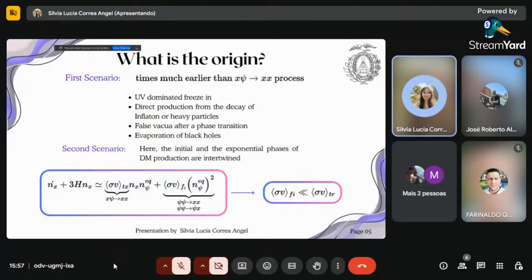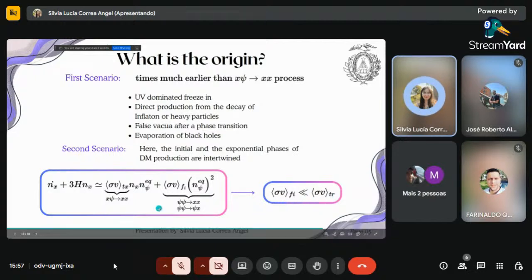In this case, it's almost guaranteed that the dark matter quantity will be produced, because lambda, the coupling between the dark matter and the heat bath, will exist even if it is very weak. To reproduce the correct result, it is necessary that this thermal cross-section is bigger than the cross-section that produces these ones.